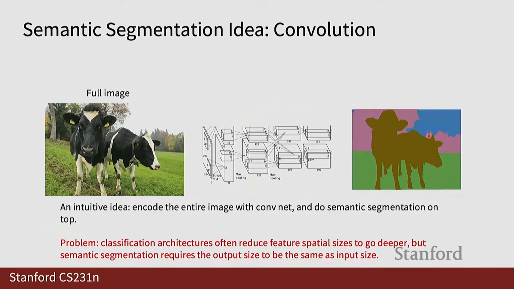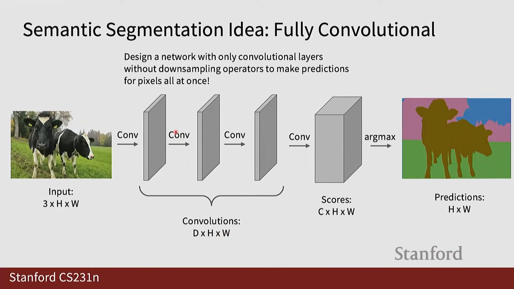The other option is, instead of running one network for every single pixel, what if we train a neural network that takes the image as the input and outputs the entire pixel map, the segmentation map, not just one single label, a matrix of labels? In that case, we will have our segmentation task solved.